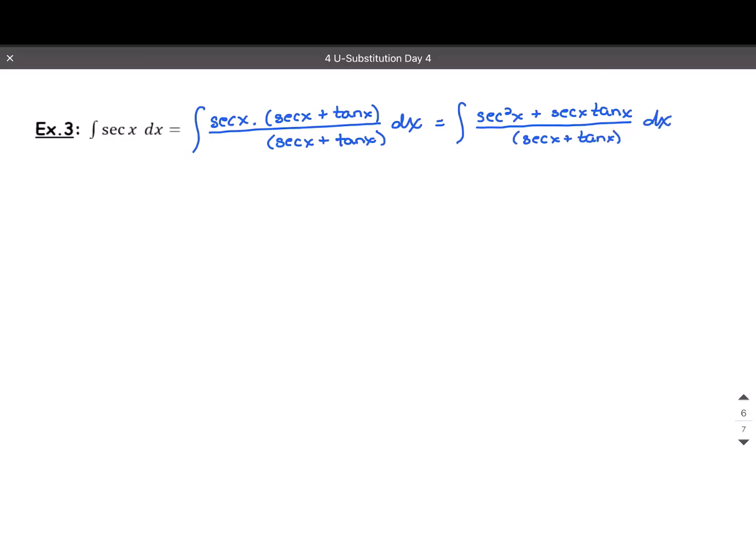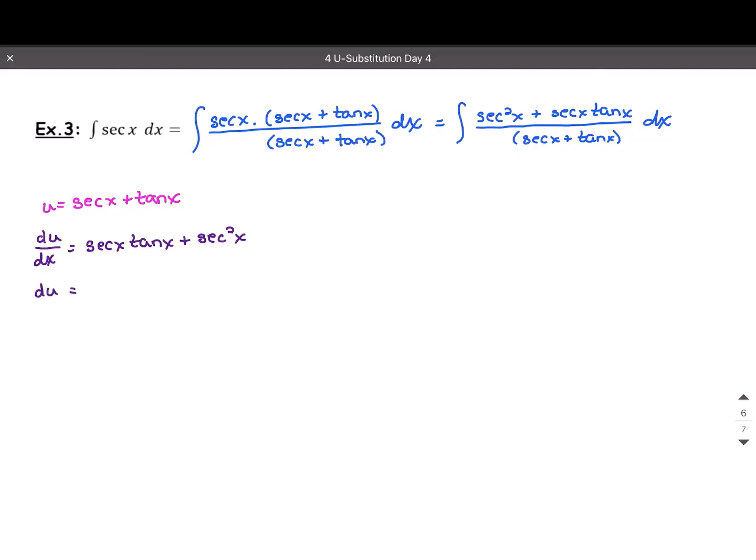dx. Now I'm going to do a u substitution. I'm going to let my denominator be u. Secant x plus tan x is my denominator, and that's my u. Now let's find du dx. The derivative of u is du dx equals the derivative of secant x, which is secant x tan x, plus the derivative of tan x, which is secant squared x.